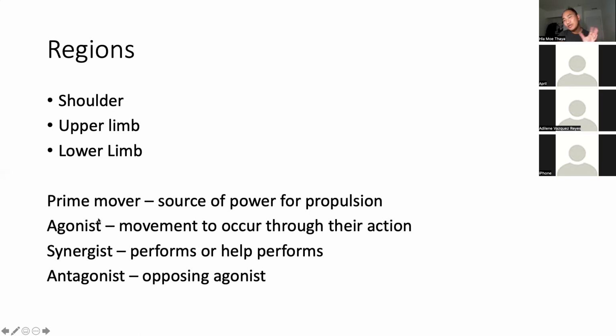So which one do we have to remember? I think I will prefer to remember the first one. So agonist is something which does the job. It might be the source of the power for propulsion, might be the prime mover. But synergist is very different from agonist. Synergists work together.